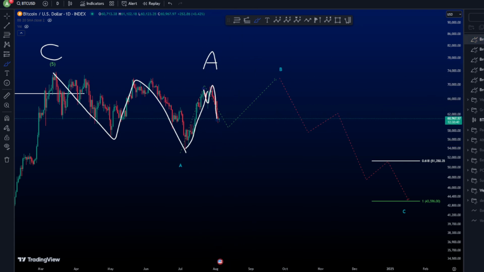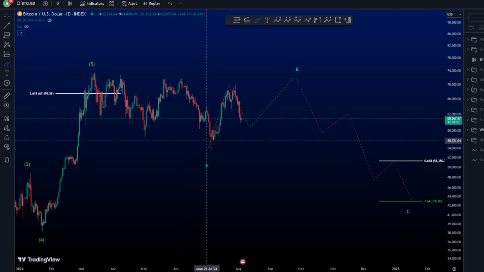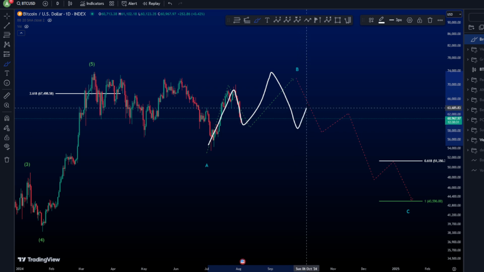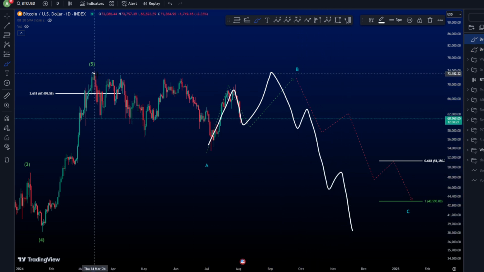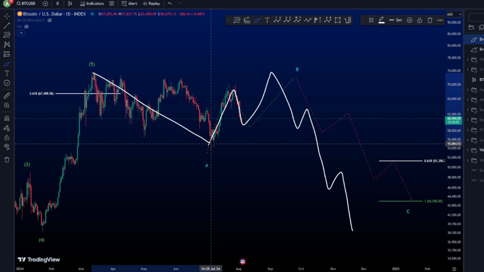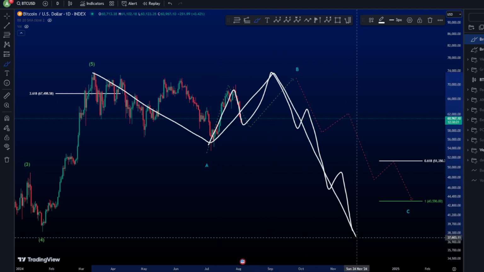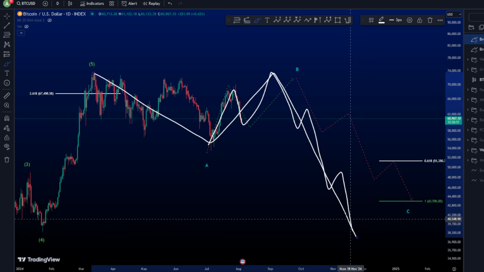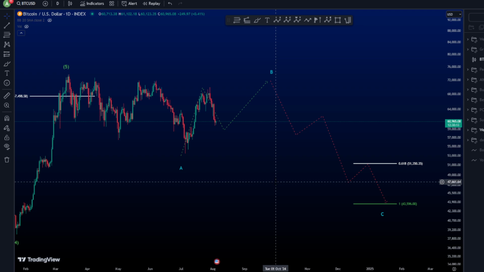After finishing this zigzag pattern, we are expecting a move towards the downside, because after this, you have to consider this whole thing as A, and then B, and then C towards the downside, towards the 40 or 50K case. So this is your most bearish scenario that could happen.